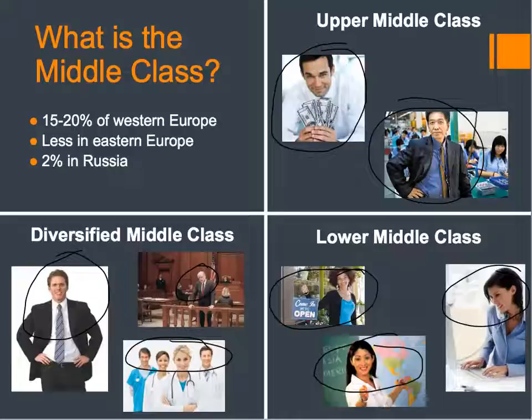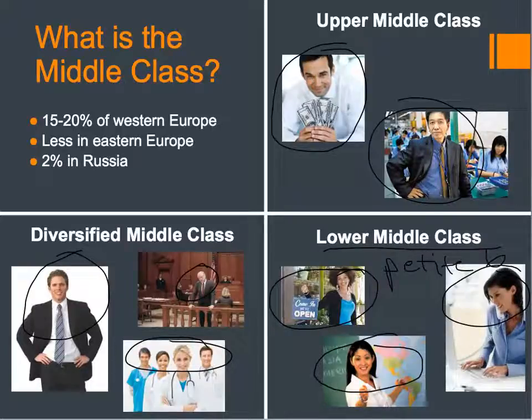Now you can characterize each occupation by how many servants they employed. The upper middle class would often employ several servants. Diversified middle class would have 1 to 2 servants. Lower middle class usually would not have much. There's another word for the lower middle class. It's called the petite bourgeoisie. This is a group of minor white-collar workers.